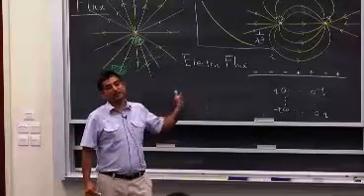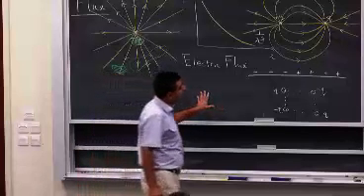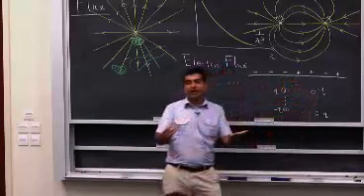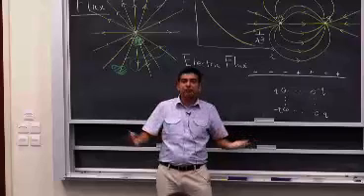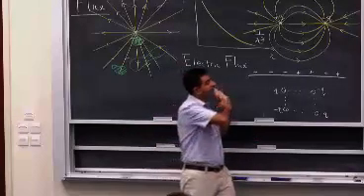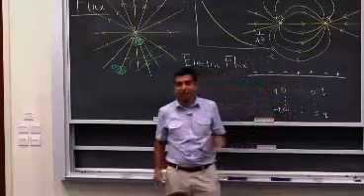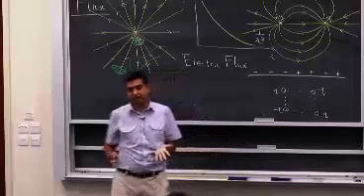However, softwares exist that can take a distribution of charges and use Coulomb's law to find out what the electric field is in the entire region of space due to a distribution of charges.